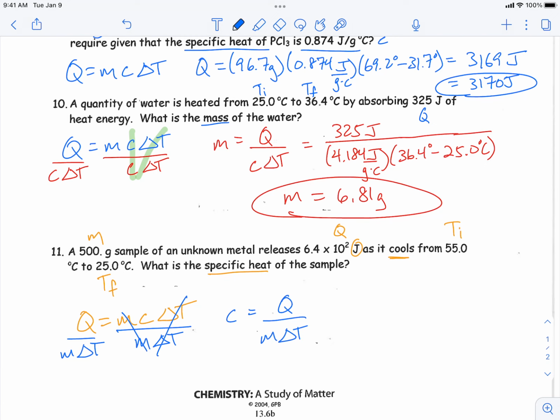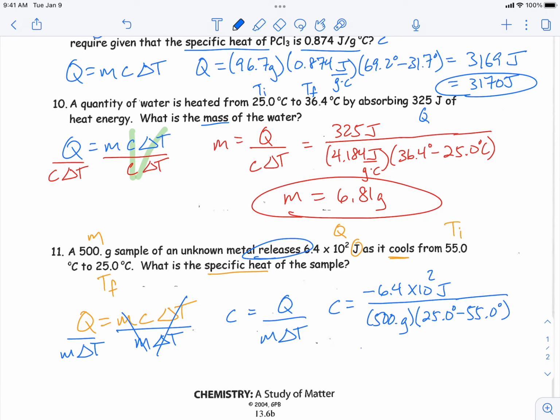And so we are now going to plug in our info. Since it's releasing, that means our Q is a negative value. So 6.4 times 10 to the second joules. The mass was given as 500 grams, 500 with a decimal grams. And my final temperature was 25.0 minus the initial temperature, 55.0.